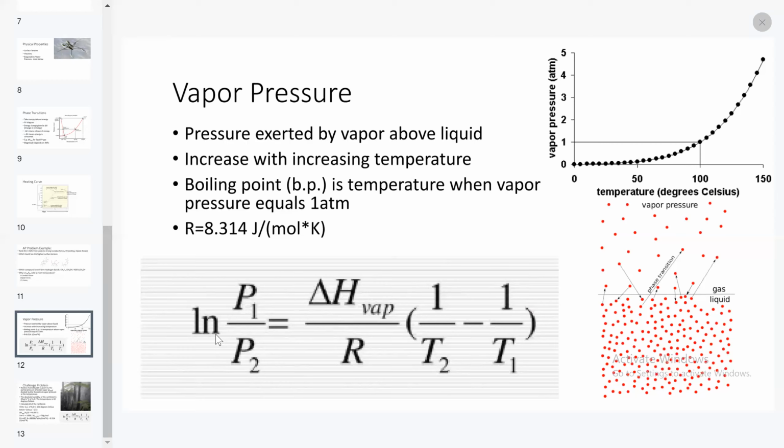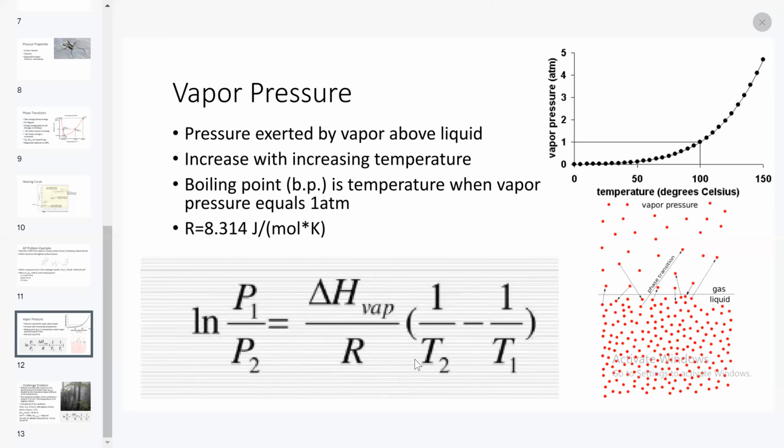So we have what's called the Clausius-Clapeyron equation. Don't worry about the spelling. The natural log of one pressure divided by another pressure equals the delta H of vaporization divided by R times 1 over the second temperature minus 1 over the first temperature.